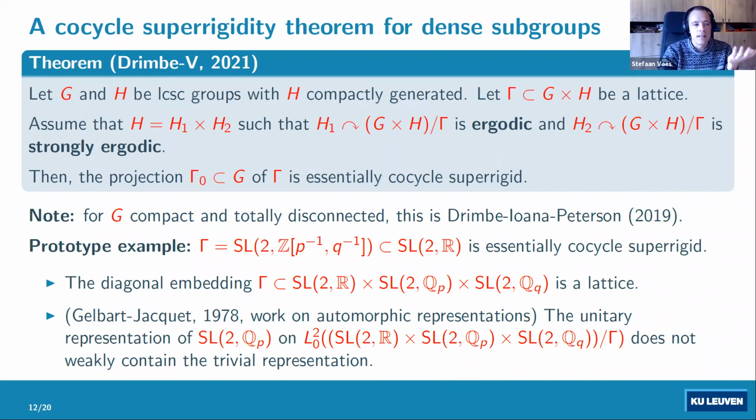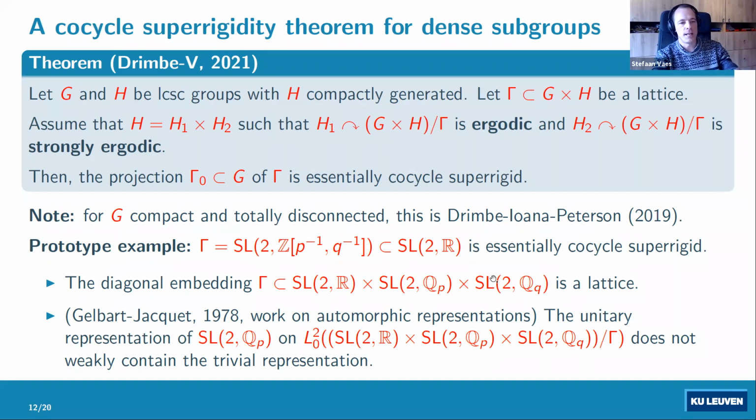And it follows that such representations do not weakly contain the trivial one, and it does give you the assumptions here. So we have exactly the decomposition into an H1 and an H2, with both acting ergodically and both actually acting strongly ergodically in this case. And therefore, by the theorem, this will be an essentially cocycle superrigid inclusion.